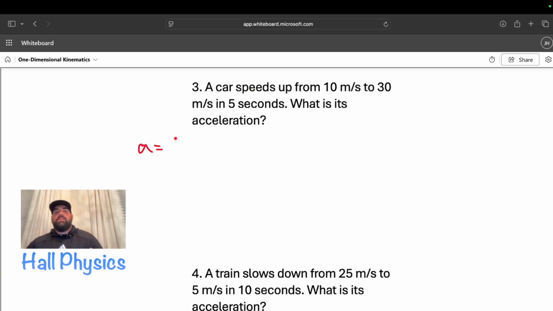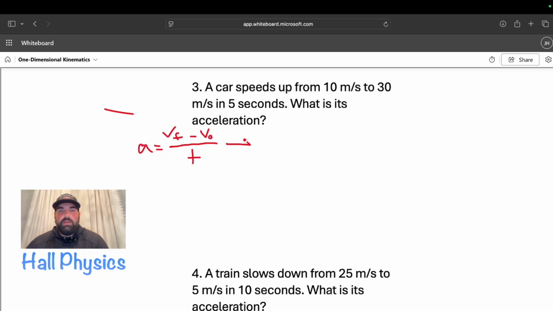He speeds up from 10 meters per second, so that's my initial velocity, and 30 meters per second is my final velocity. So I'm going to represent final velocity with V sub F and initial velocity with V sub O for original, all divided by time.